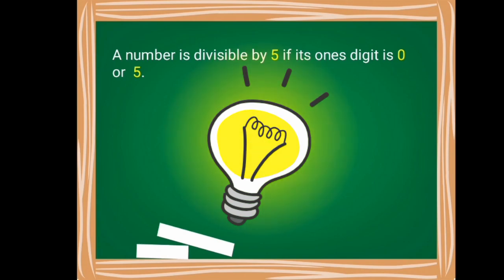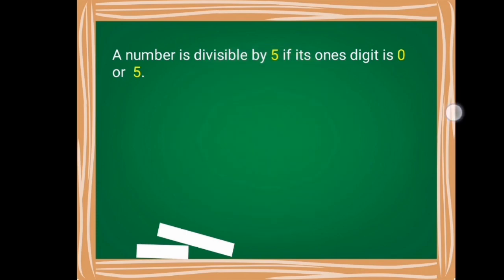Ibig sabihin, ang number na yon ay pwedeng i-divide sa 5. Example, 55. Ang 55 ay pwedeng i-divide sa 5 ng eksakto, walang remainder. 320. Natatapos siya or ang ones niya ay 0. 2010.